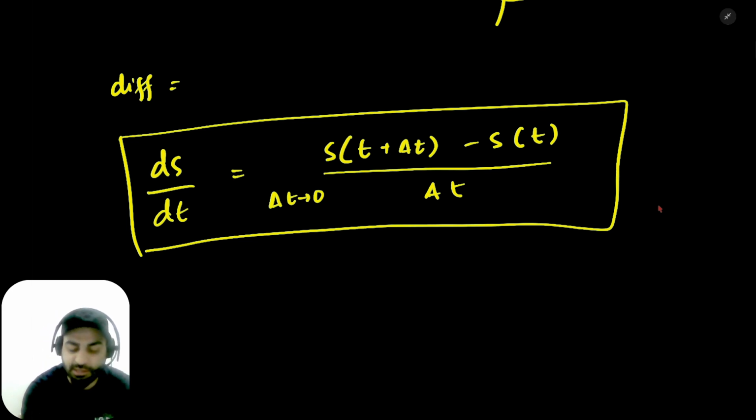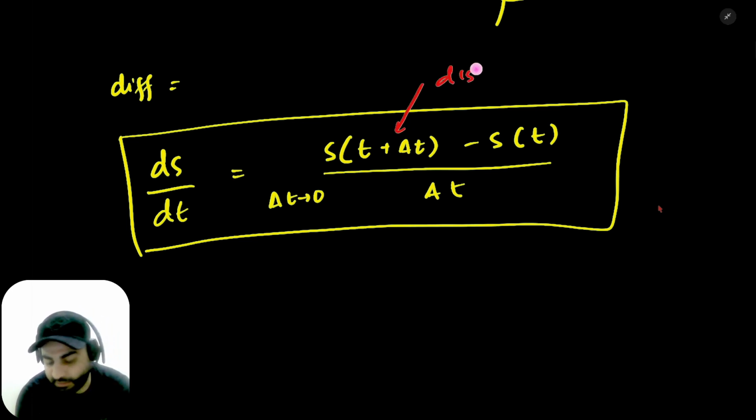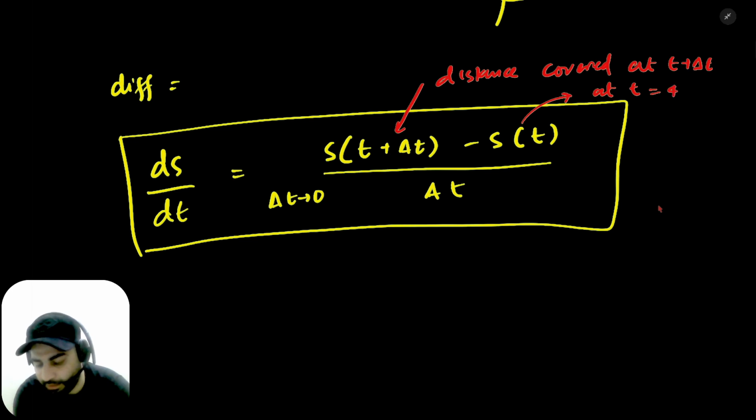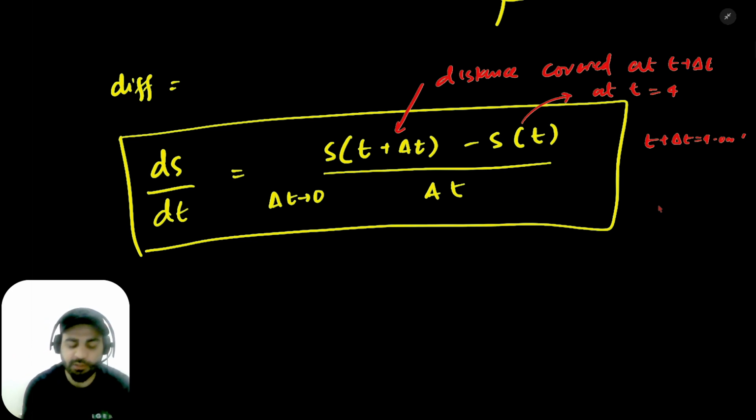Because this is the distance covered at t plus delta t. Let's suppose at 4 seconds, and here at 4.001 seconds, because we have this delta t. This is the distance covered at t, where t, let's suppose, is equal to 4. Now this t plus delta t is equal to 4.00001, and this delta t is tending to 0. This gives me the change.